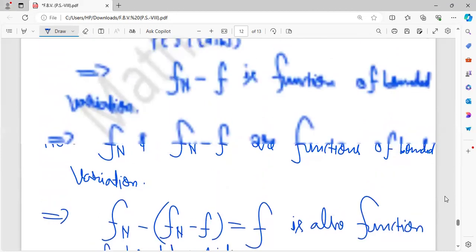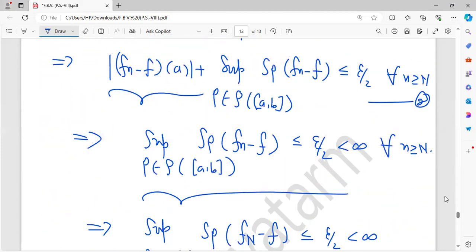Now from equation 1, I have shown that if Fn is Cauchy, it converges pointwise to f, and f turns out to be a function of bounded variation.